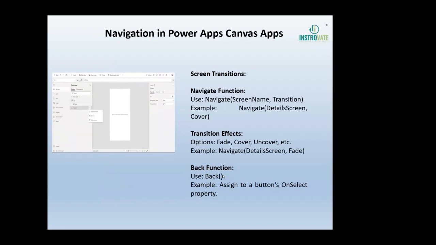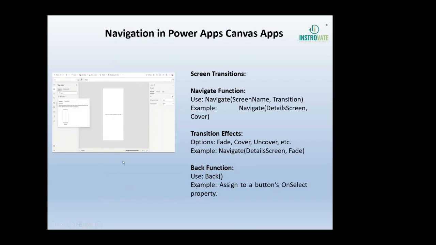So for that, you can use a navigation function. You can navigate from screen 3 to your screen 1 details by simply using Navigate screen 1. Okay, let me show you the UI first.